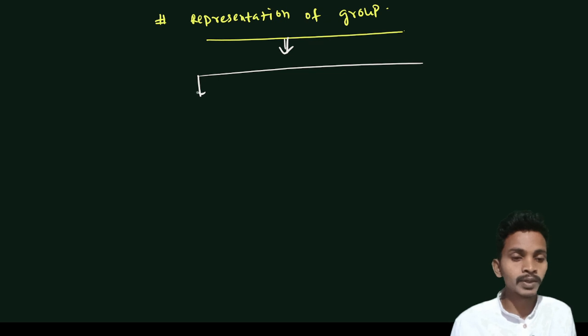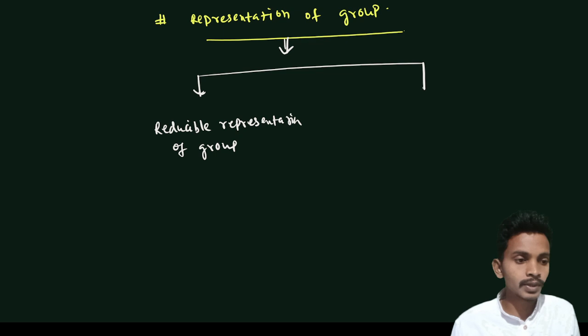One way is reducible representations of group. This is the first way.